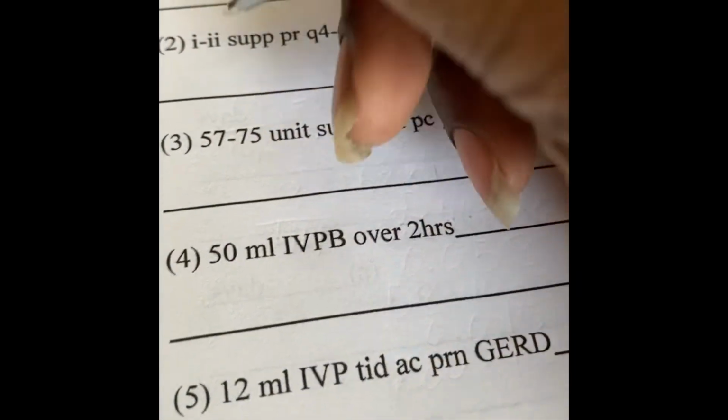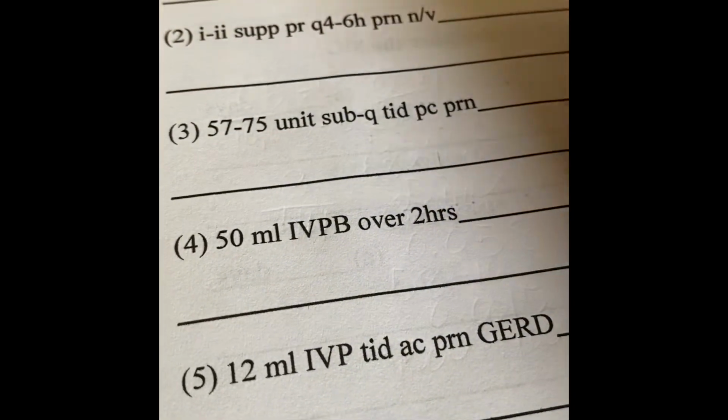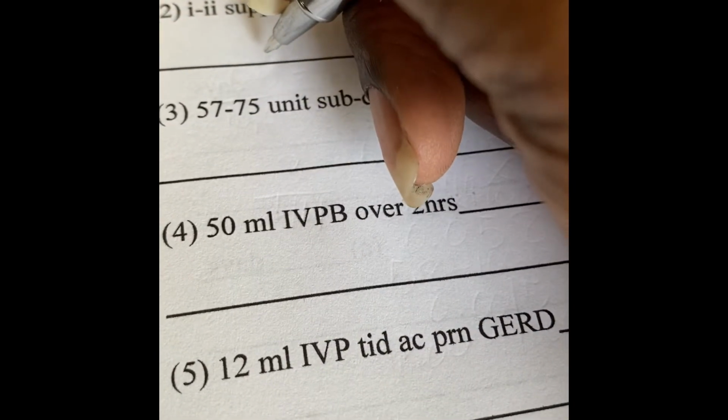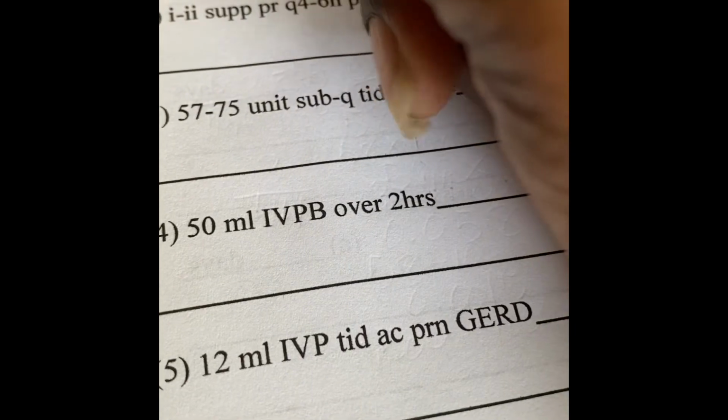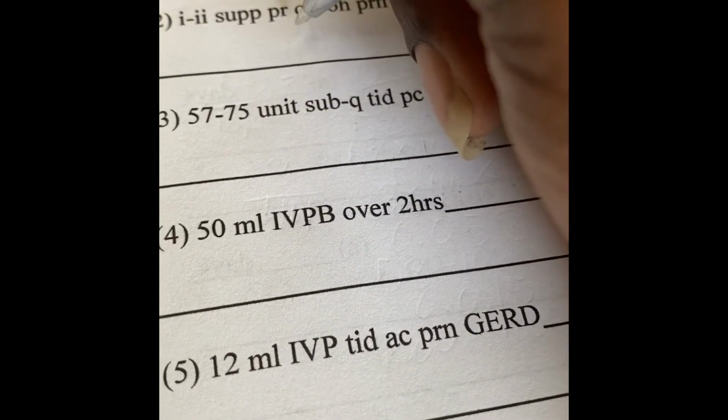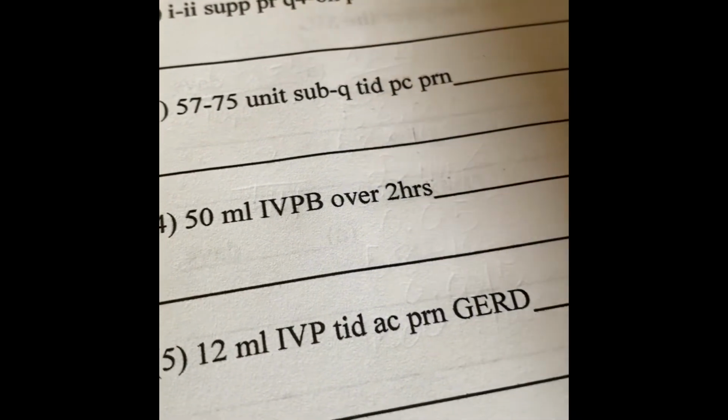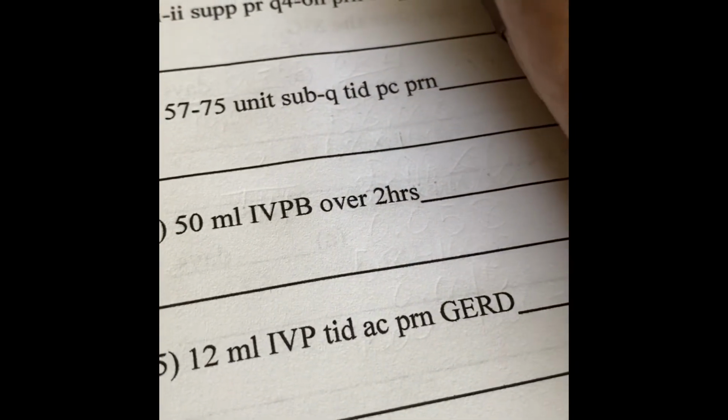Okay, so for number 2, it's going to be insert and unwrap 1 to 2 suppositories rectally every 4 to 6 hours as needed for nausea and vomiting.